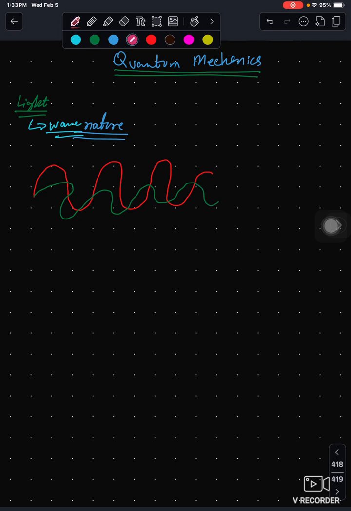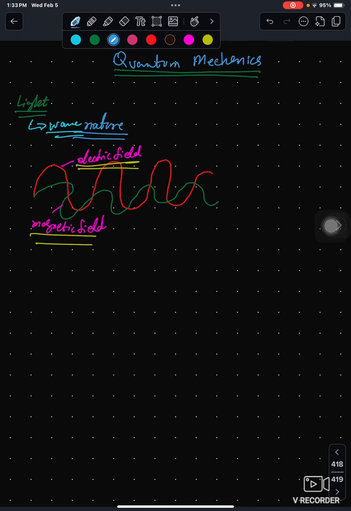Pardon my drawing if it's not that accurate. These in combination make up the light in terms of wave.